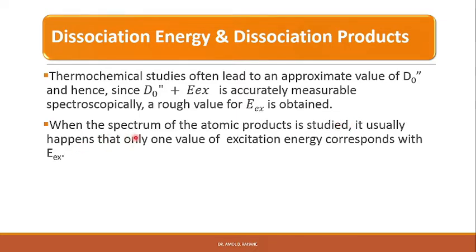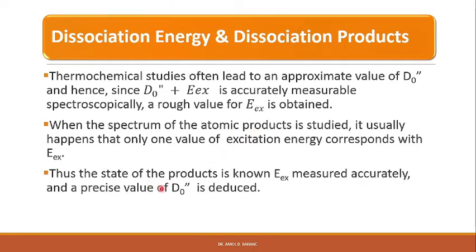When the spectrum of the atomic products is studied, it usually happens that only one value of the excitation energy corresponds with E_XE. Thus, when the state of the products is known, E_XE can be measured accurately and a precise value of D0'' is deduced. So this is the first way.